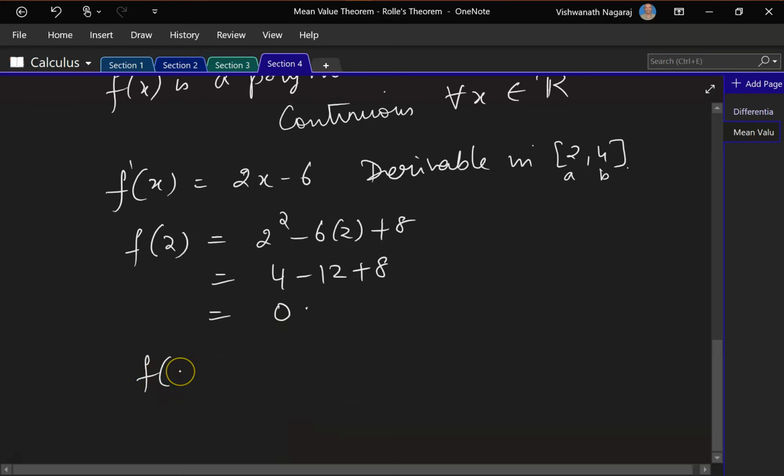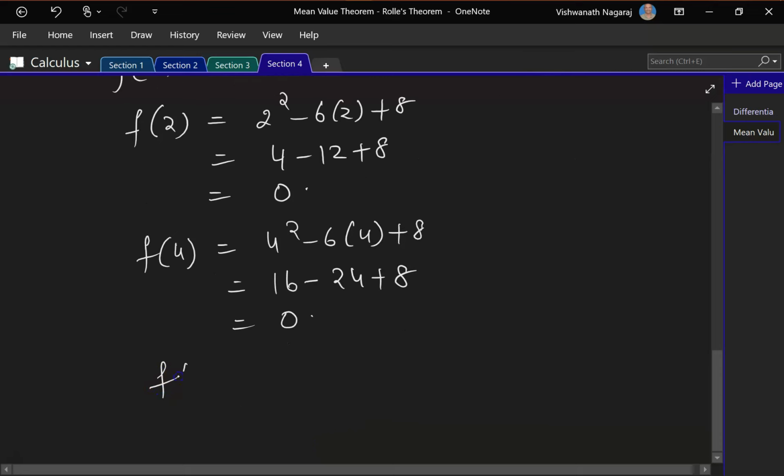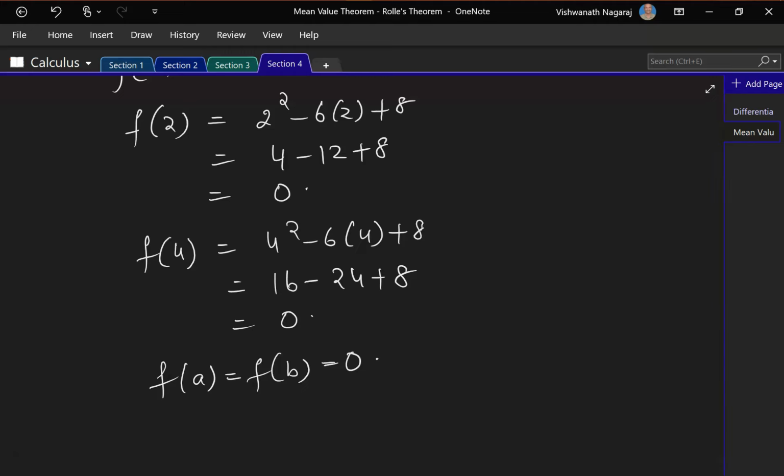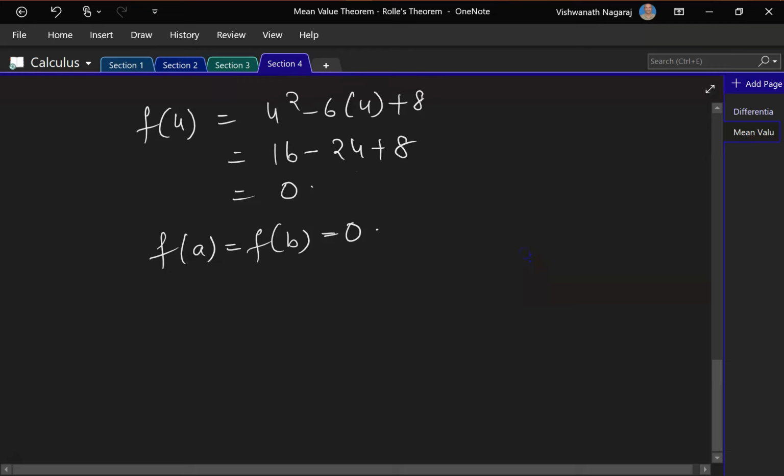Now we have to check the other end, f of b. f of b is f of 4, which is 4 square minus 6 times 4 plus 8. 4 4s are 16, 6 4s are 24, plus 8. Okay, 16 plus 8 is 24, minus 24 is 0. So which means f of a equal to f of b is equal to 0. So all the three conditions are satisfied, that it is continuous, it is differentiable, and f of a and f of b is equal to 0.